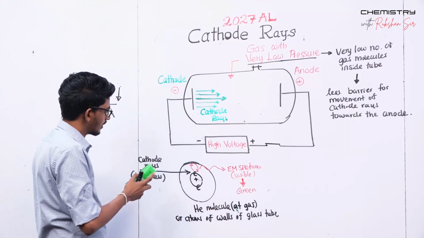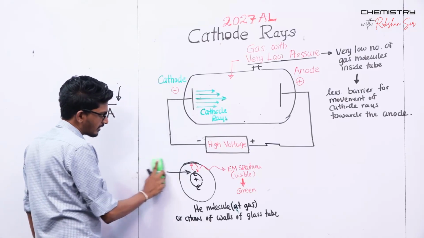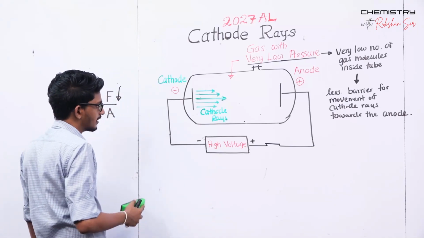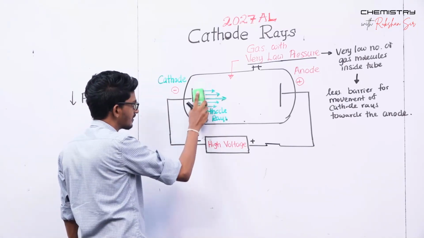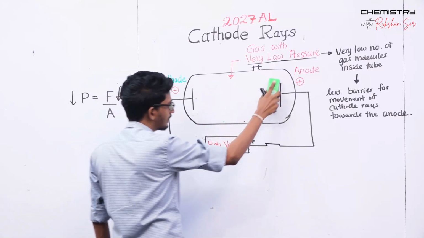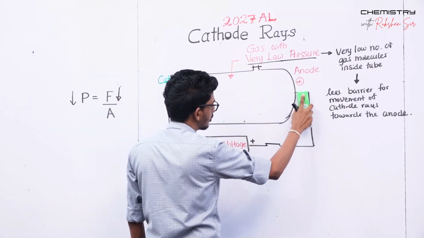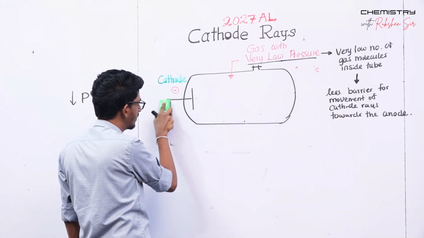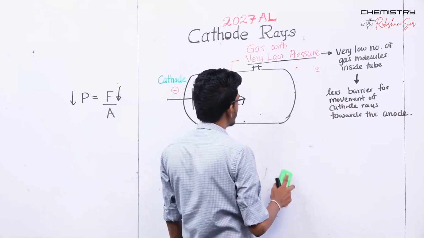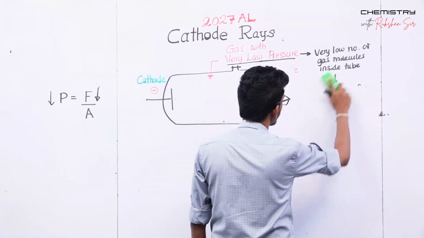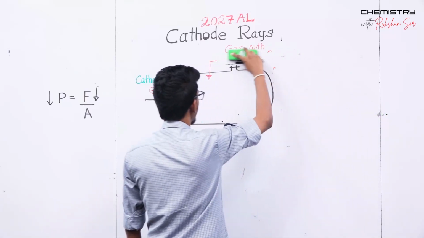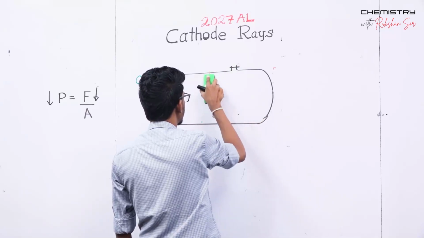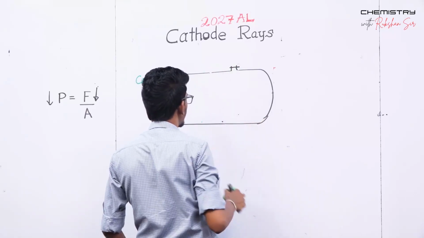To observe specific qualities of cathode rays, they make some smaller changes to the cathode ray tube. Then only would you be able to see those specific properties of cathode rays.